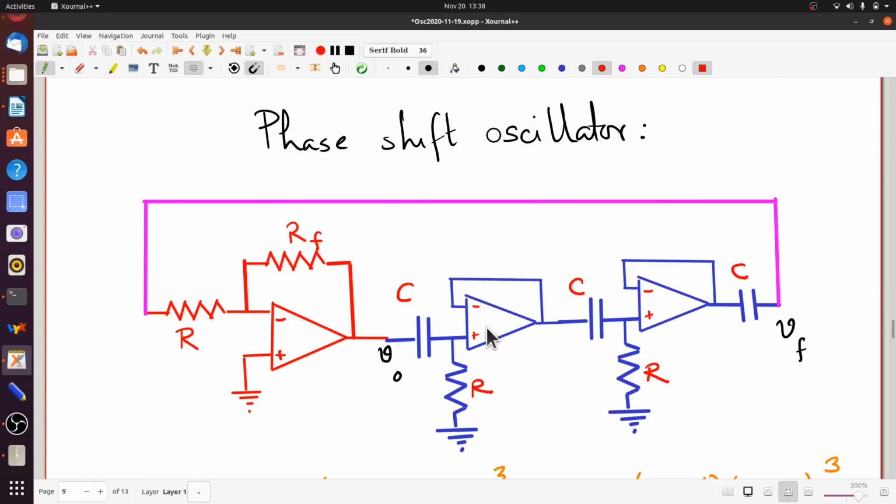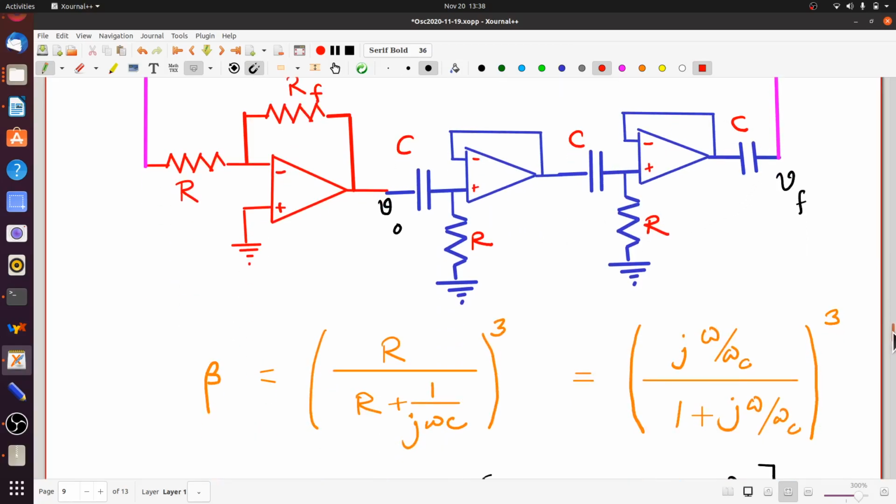You have put in unity gain buffers in between them so that each successive CR piece does not load the previous piece. This means whatever fraction VO by VI each one has, you just multiply them together, and you have got the overall feedback fraction. So this, of course, makes our life a lot easier as far as calculations are concerned.